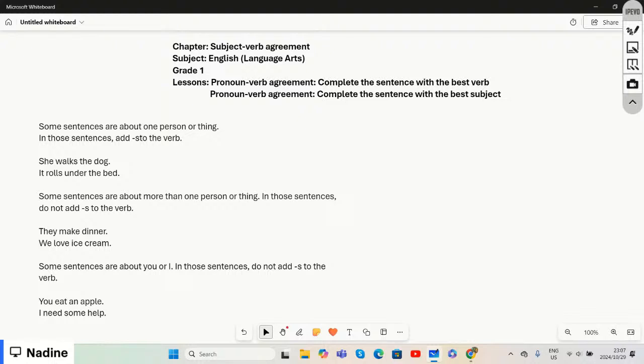If our verb is singular, it ends with an S. So in that sentence, we need to add an S to our verb. But if our subject is plural, it refers to more than one person, place, animal, or thing doing something.